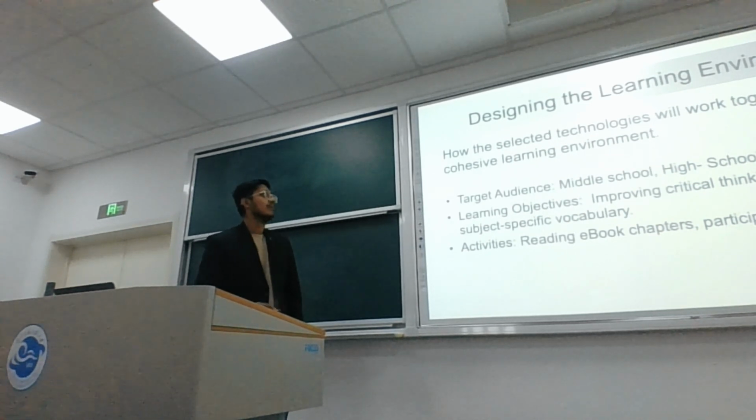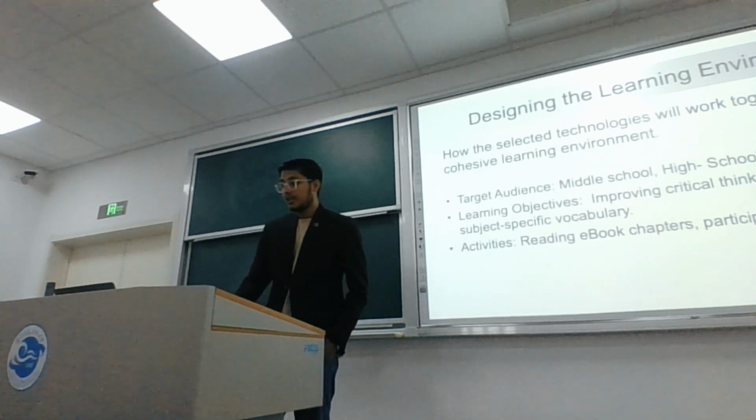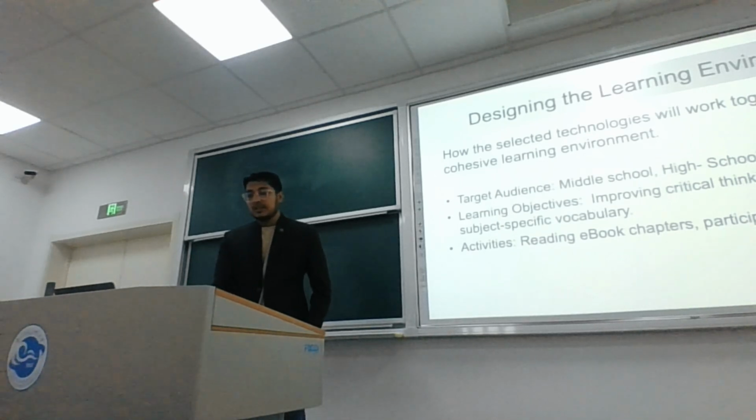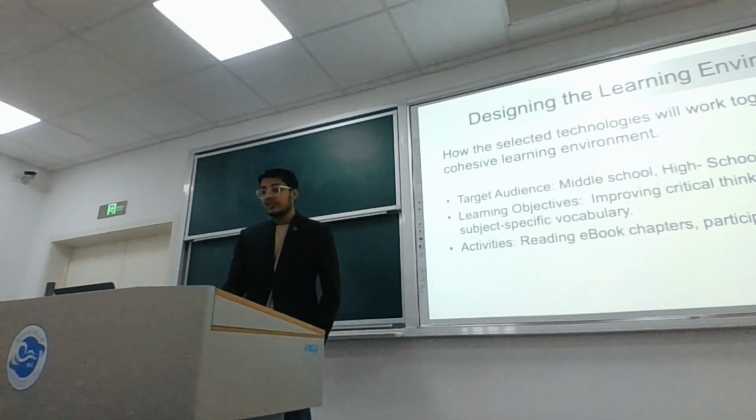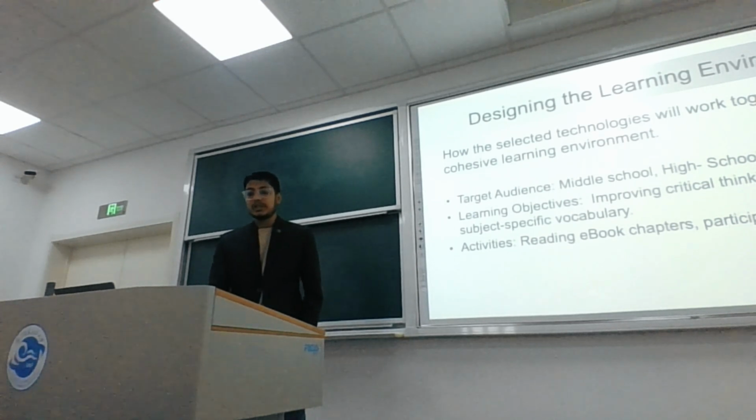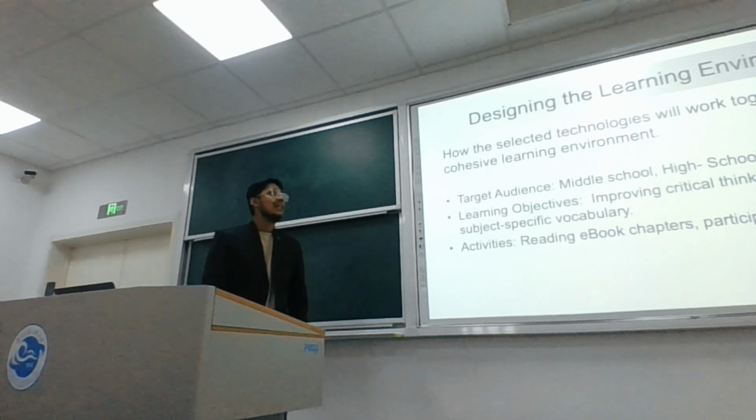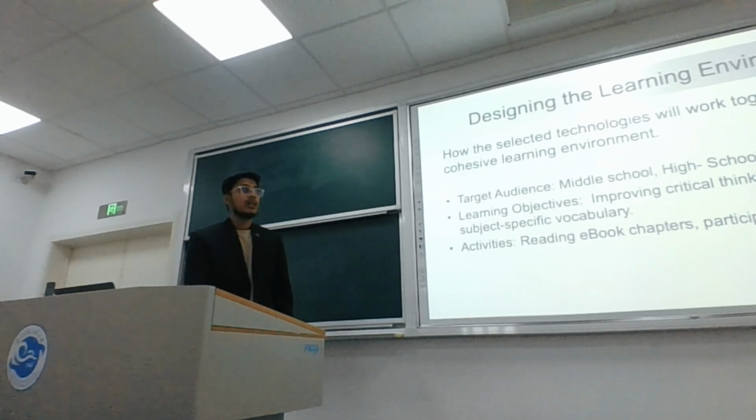So here, the design of the learning environment. Selecting technologies will work together to create a choice learning environment. To make a good learning environment, you have to focus on the target audience.